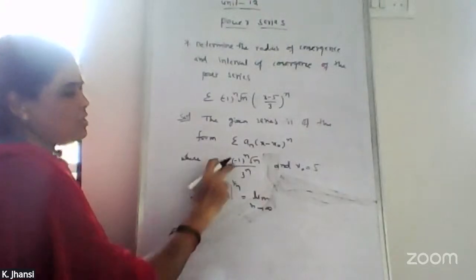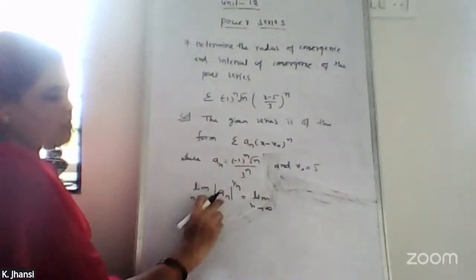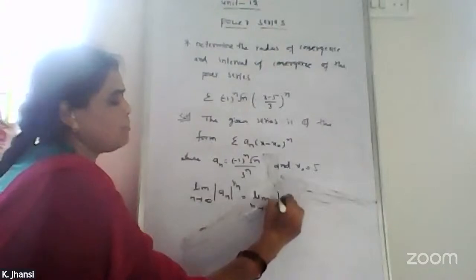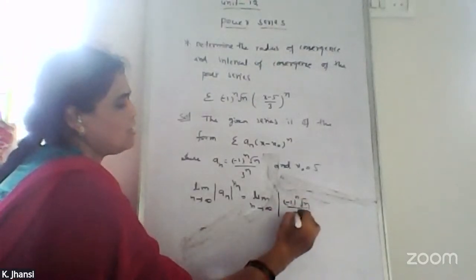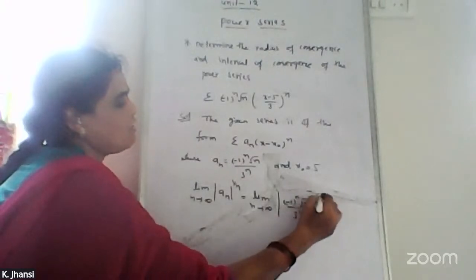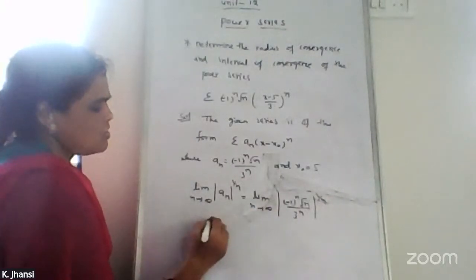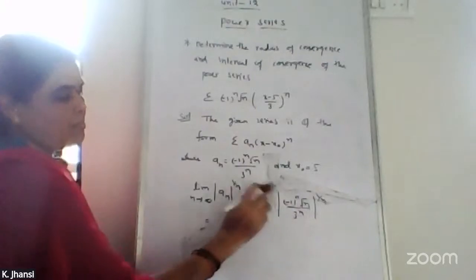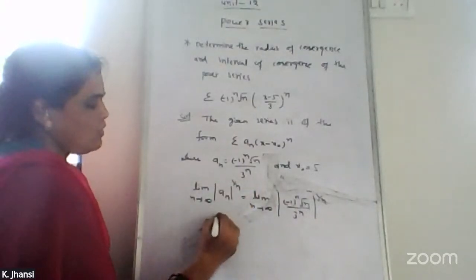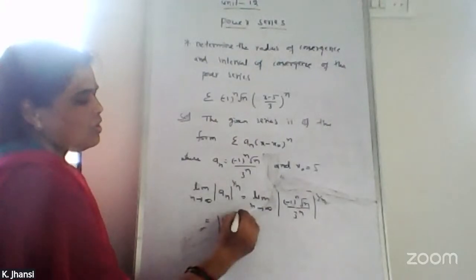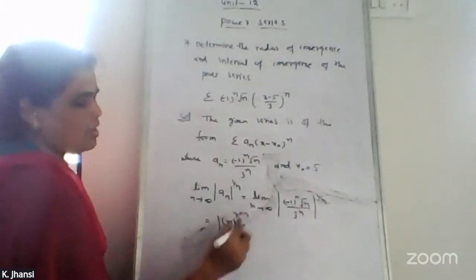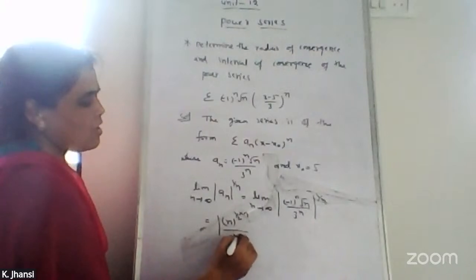If you take out this minus 1 to the power of n inside the mod, it will become minus 1 to the power of n root 10 by 3 to the power of n, all to the power of 1 by n. The minus 1 will become a positive one, so you will get n to the power of 1 by 2n by 3 to the power of n into 1 by n.